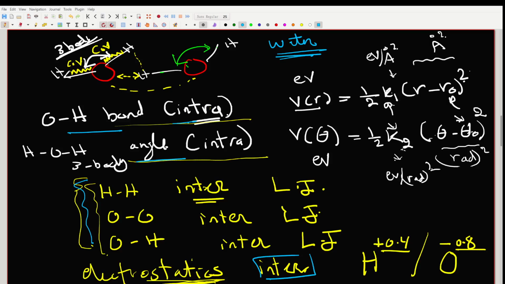As far as I recall, it's very, very rare to have electrostatics within the same molecule, which is intra. Again, this is up to the developer of the potential, but I'm telling you the common trend in literature: it is just intermolecular interactions that have electrostatics in water.